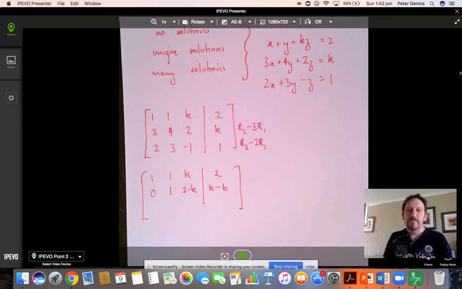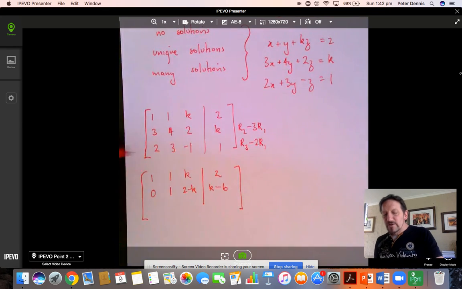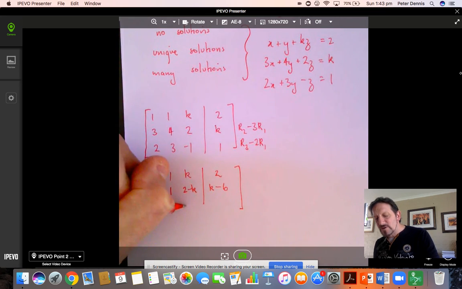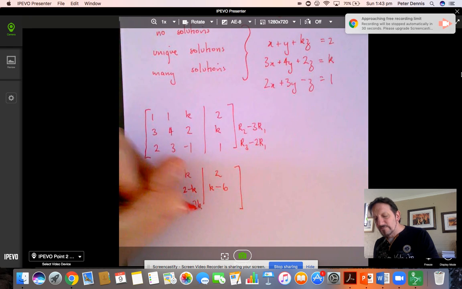So I've kept it fairly simple, but 2 minus 2 lots of that is 0. 3 minus 2 lots of that is 1. Minus 1 minus 2 lots of that is minus 1 minus 2k.